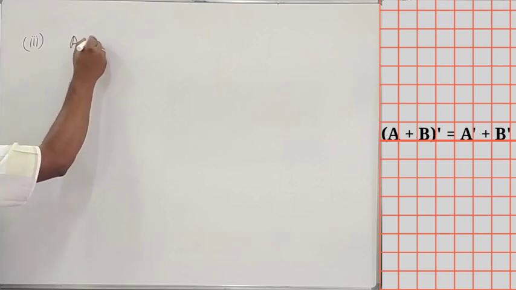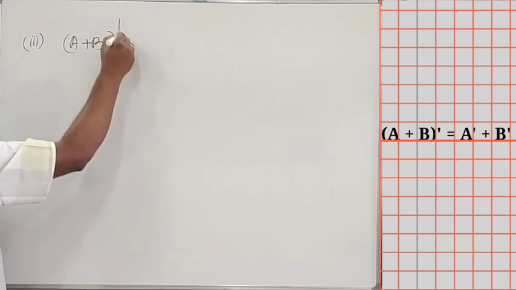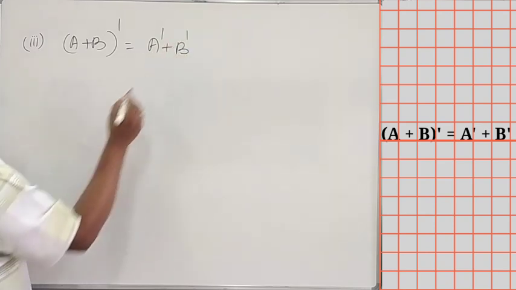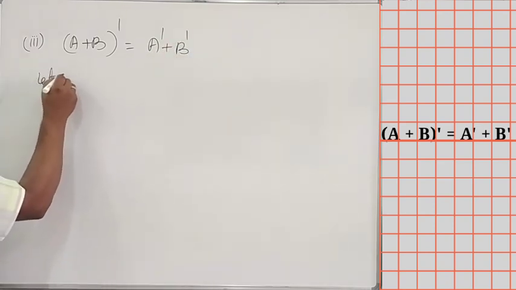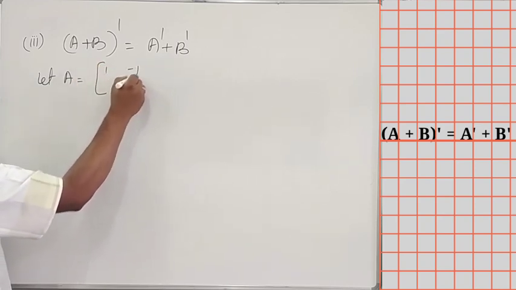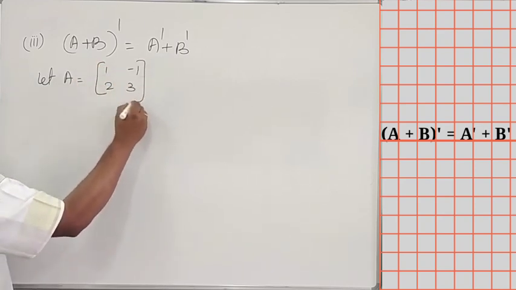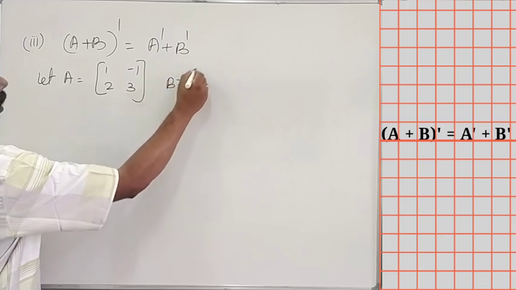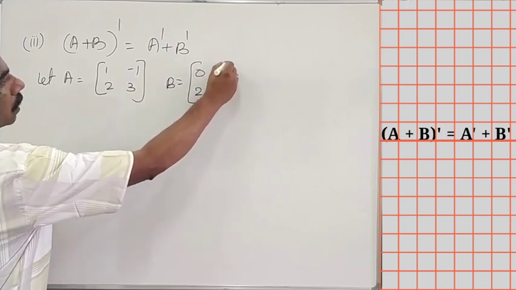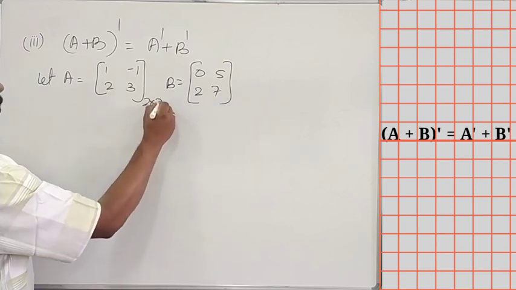A plus B whole transpose is equal to A transpose plus B transpose. Let A be the matrix 1, minus 1, 2, 3 and B the matrix 0, 5, 2, 7. Both are of order 2 by 2.